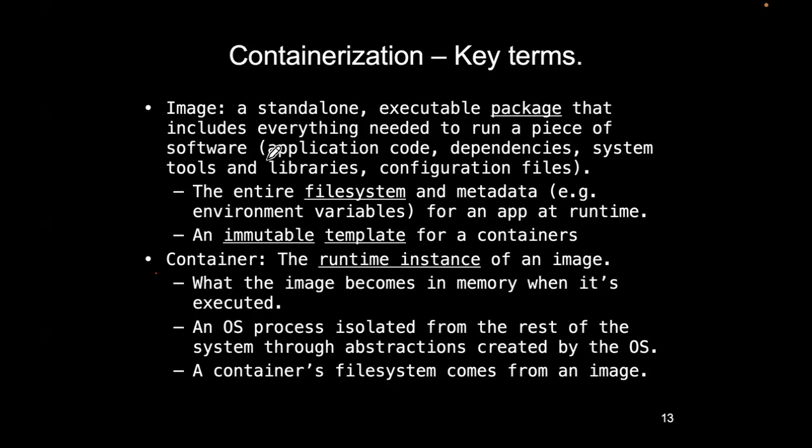So obviously it has the application code itself. It has any third-party dependencies contained within it. It has any operating system tools and libraries contained within it. Any configuration files, they're all packaged inside the image. So it doesn't depend on anything external.